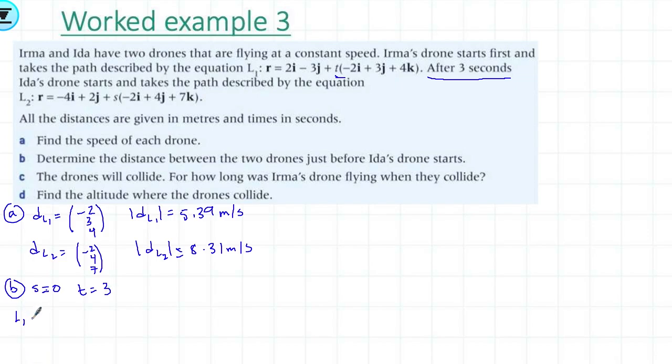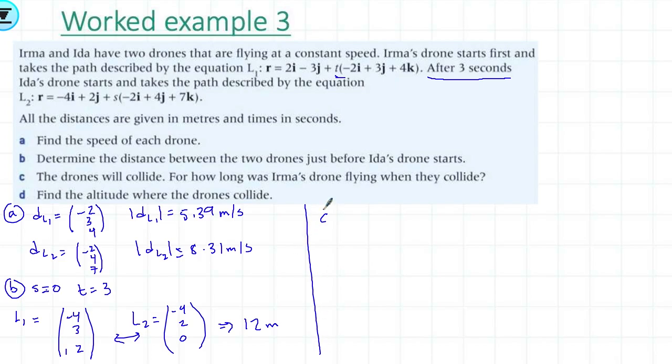So L1, when it's 3 seconds, is -4, 3, 12, and then L2 initially, when S is 0, is going to be -4, 2, 0. Then finding the distance between those two, using Pythagoras again, or in 3D, is going to be 12 meters, or 12.0. That's the three significant figures.